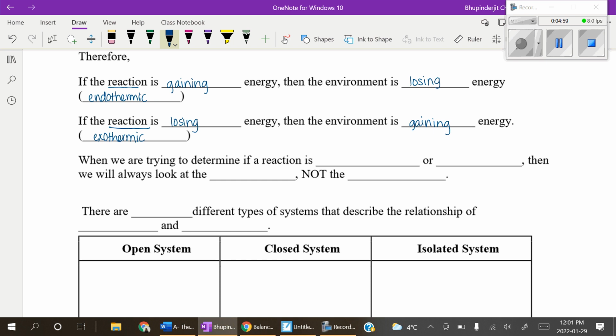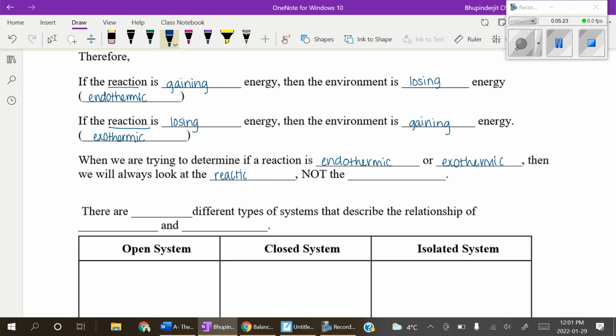Okay, now, when we are trying to determine if a reaction is endothermic or exothermic, we will always look at it from the perspective of the reaction.